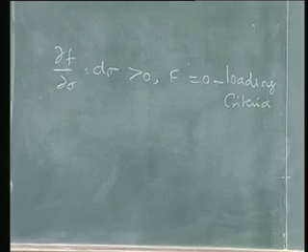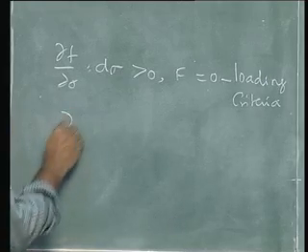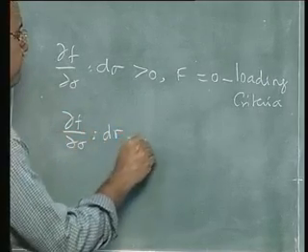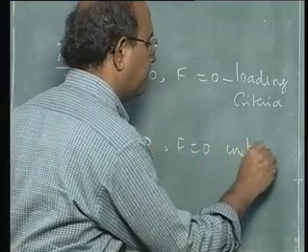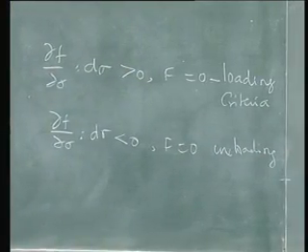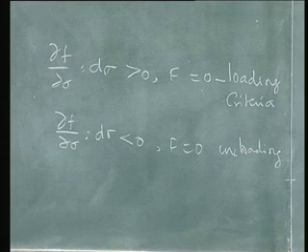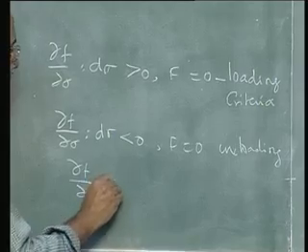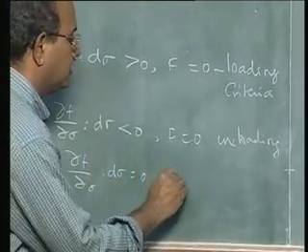But here we can have three cases. In fact, one is loading, and this is unloading, and I can also have neutral loading, which means I just travel on the yield surface when dou f by dou sigma d sigma is equal to 0 and f is equal to 0.